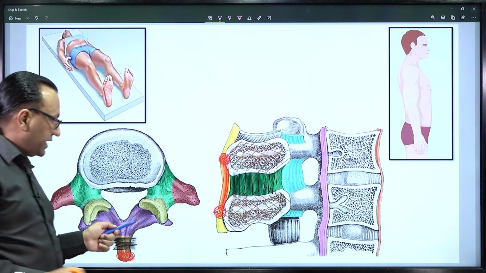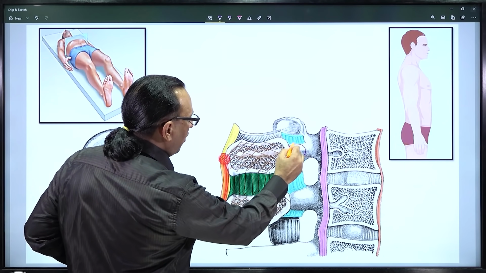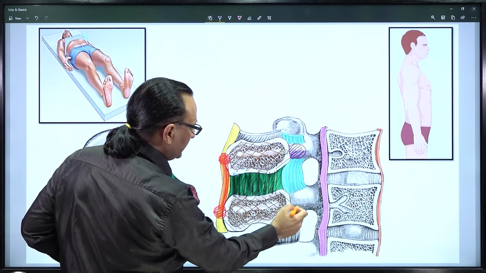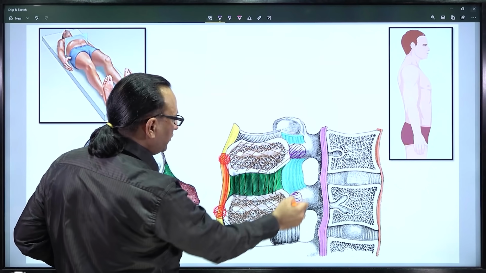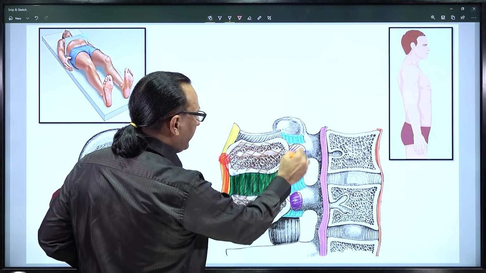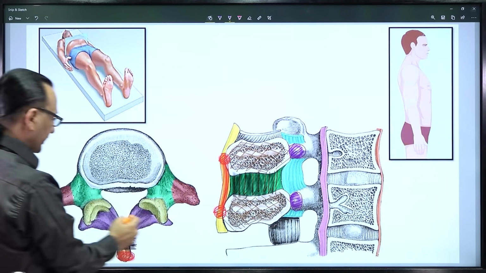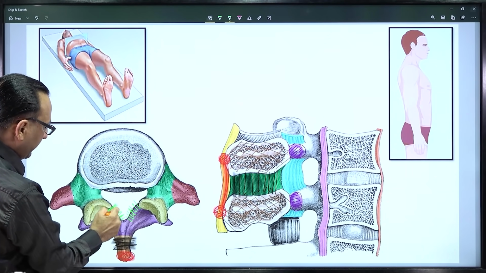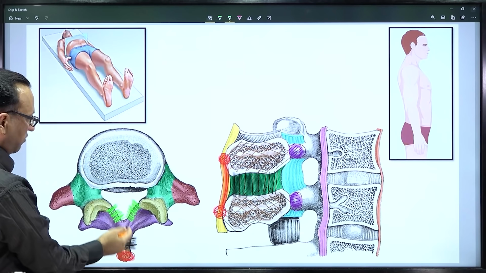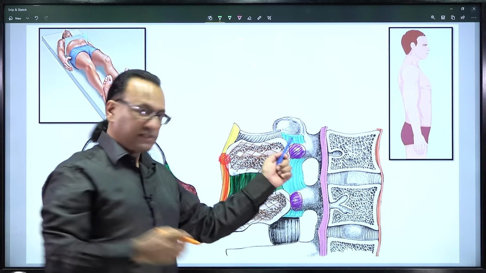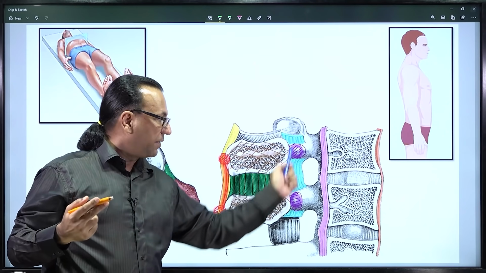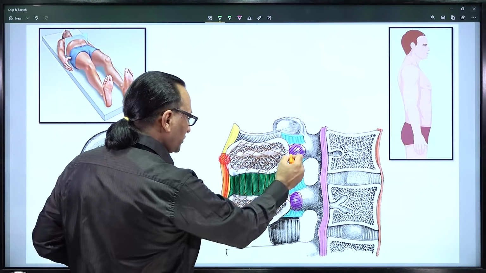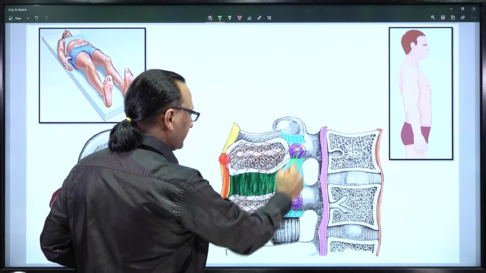So more anteriorly is the lamina of the subjacent lower vertebra, and attaching to the lamina of the vertebra is the ligamentum flavum, which is attaching here on either side. So the ligamentum flavum can be shown now more anteriorly and it is between the two laminae, of the upper and lower lumbar vertebra. So here is the ligamentum flavum.